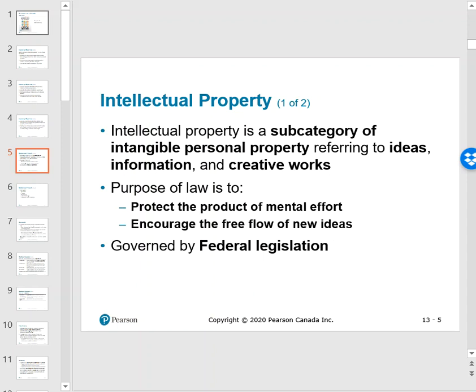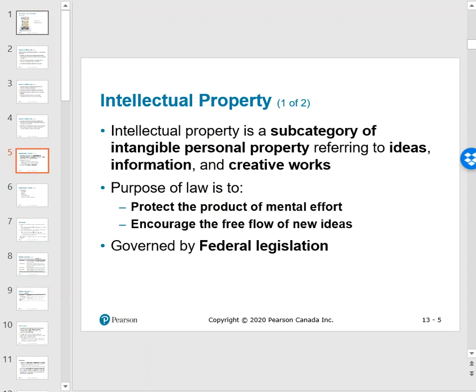So society is motivated to come up with creations because they may have protection. And also, by having your creation protected, it is more likely that you will be encouraged to allow this free flow of your creations.